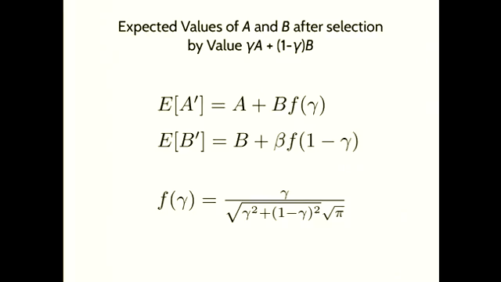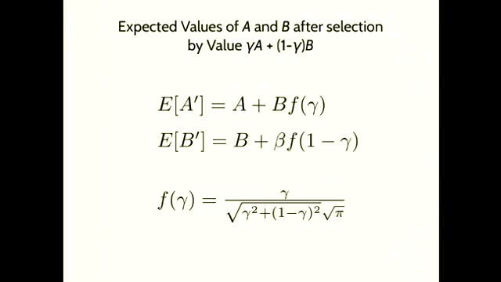Now, we can use the result from the previous slide, but I'm not going to show you how, to get the expected value of the A and B. And just to recap, A is adaptedness, B is evolvability, or that's what it's supposed to represent. So we've got here the expected values of each of these in the next generation in terms of their values in this generation.